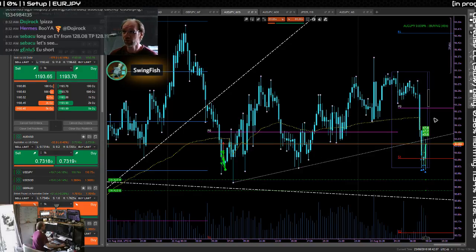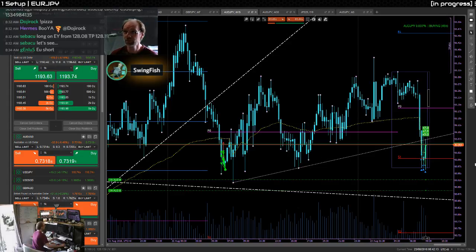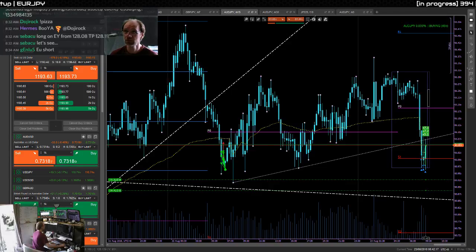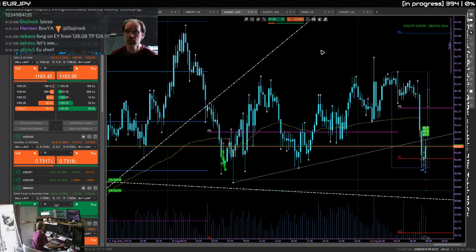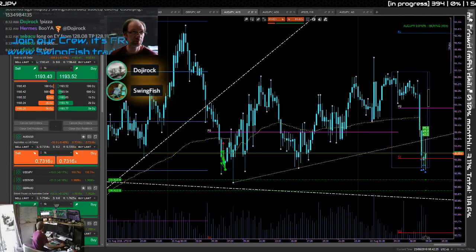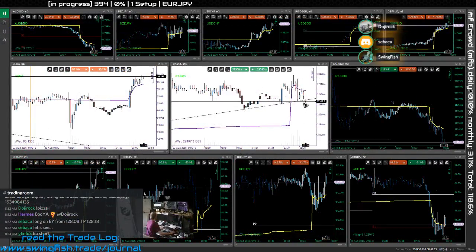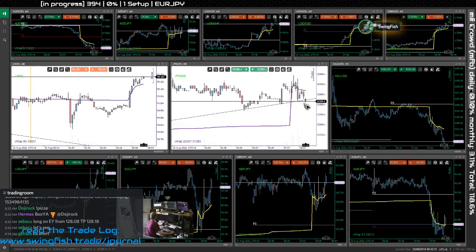Looks like it went over, but this could be fake. Judging by the volume, it could easily be fake. Oh, Nikkei just dropped down below the support.